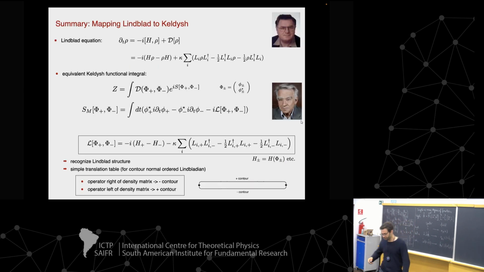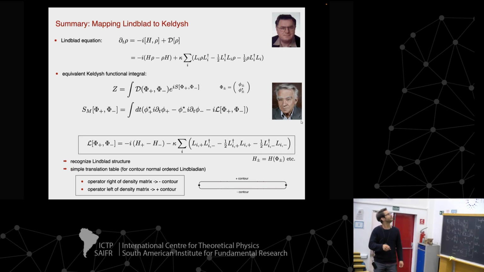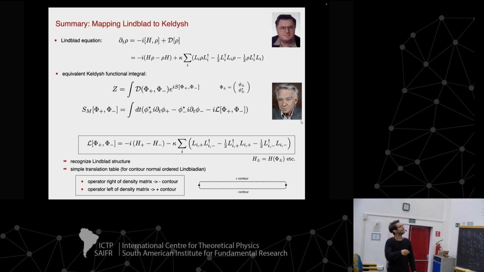So let me remind you a bit of what we did yesterday. This summarizes this construction. We started from the Lindblad equation, which you can write out in this way. We mapped it into a Keldysh functional integral, and the main takeaway that you should have here is that the structure of the Lindblad equation, this left and right action of operators, including the Hamiltonian and these Lindblad operators, is perfectly reflected in the structure of this Keldysh action that we got out.